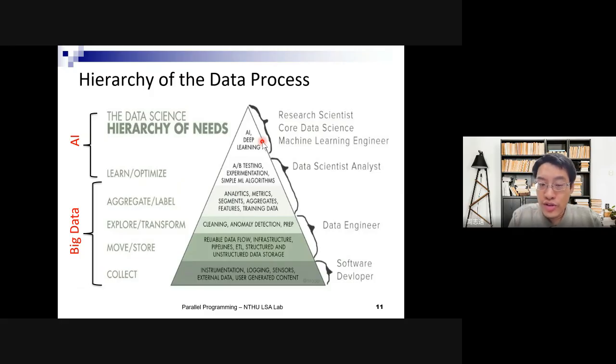So all those things require engineering. Okay, so the people who work on that are usually called AI engineers.